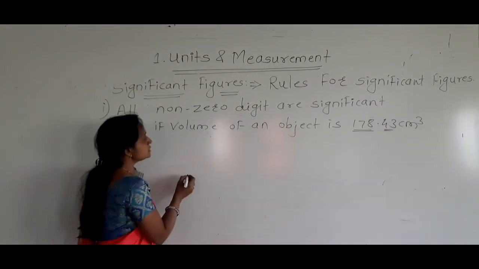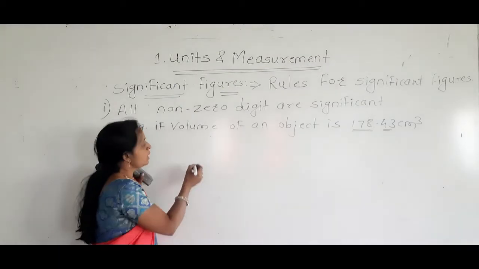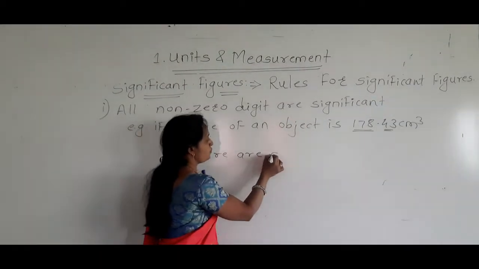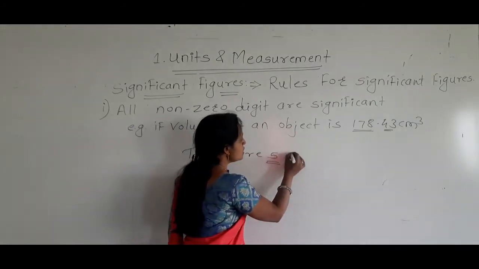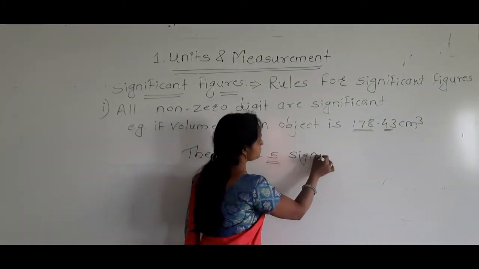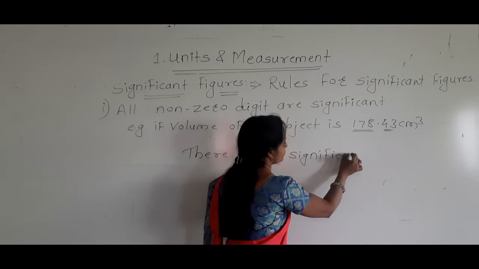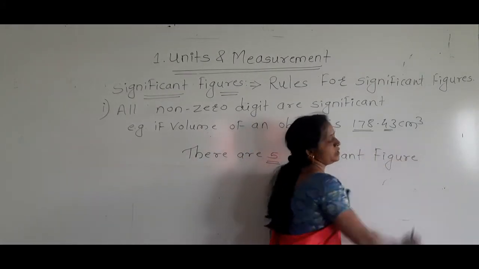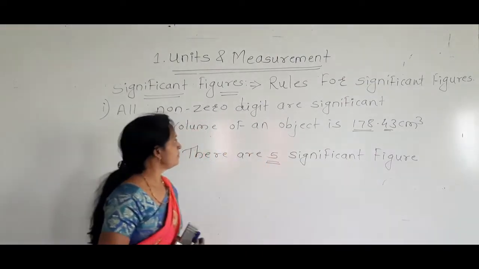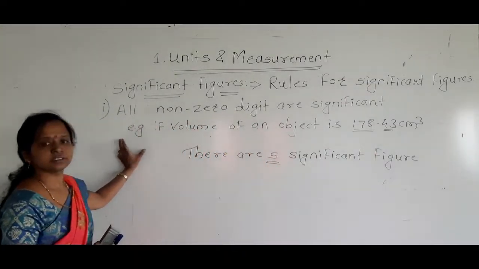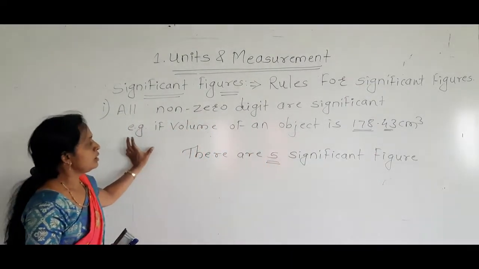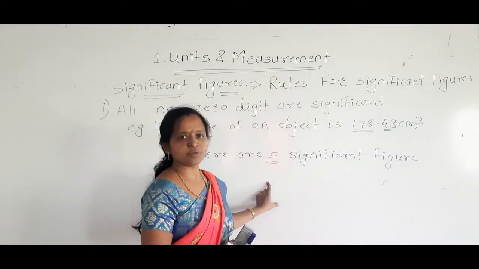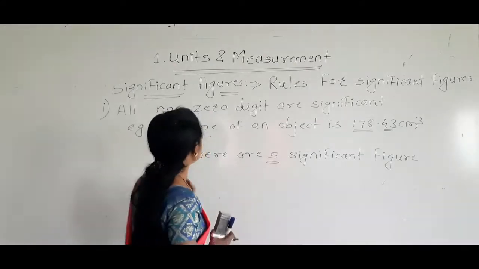Therefore we can say that in this number there are 5 significant figures. This is the first rule: all non-zero digits are significant. Therefore in this example we get 5 significant figures.